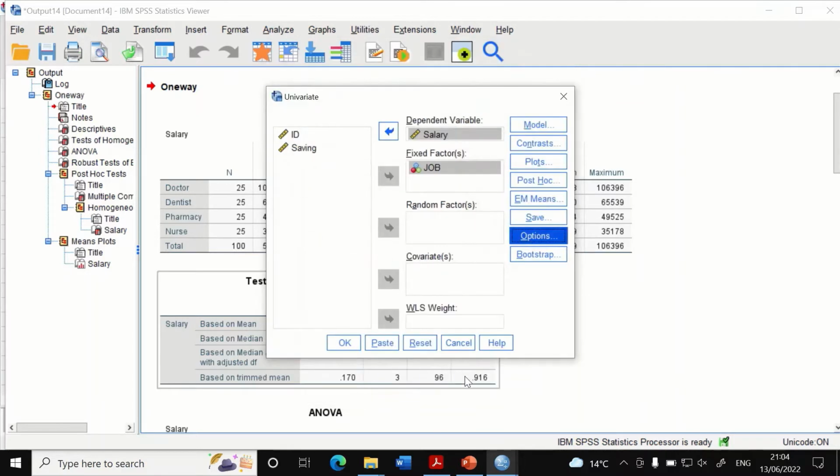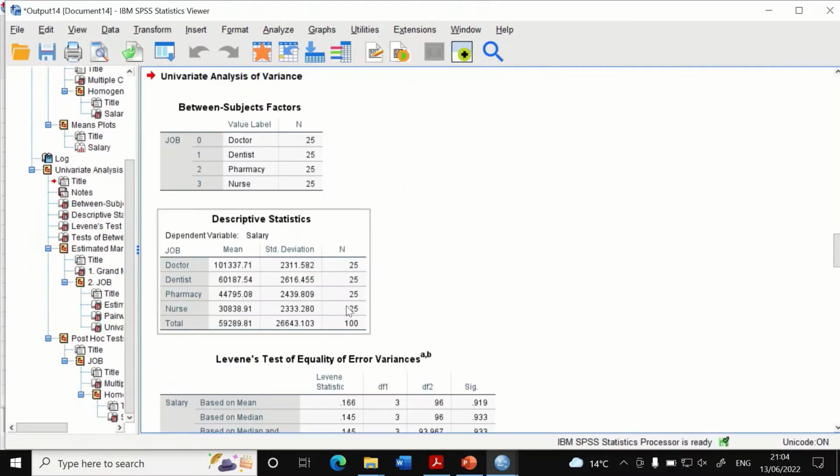Click on continue, and then if I click on OK, the univariate analysis output is somewhat similar to what we have done in the previous one-way ANOVA. It shows here the first table, between-subjects factors, that we have doctors, there are 25, and similarly dentists, pharmacists, and nurses.